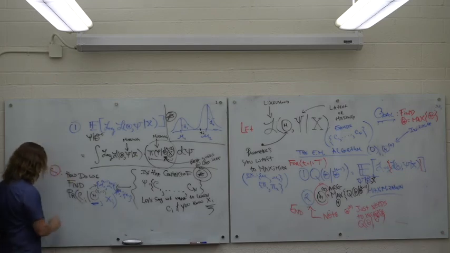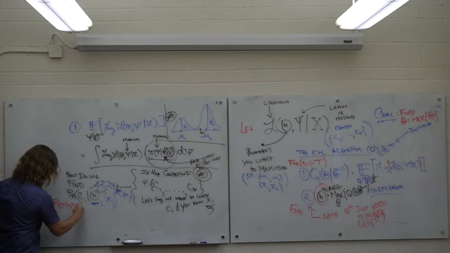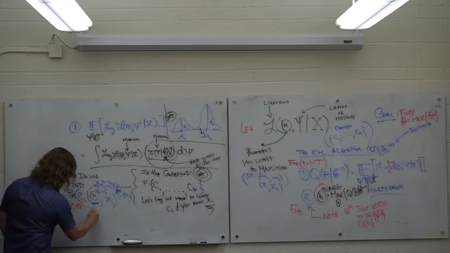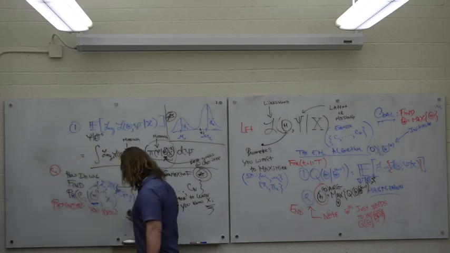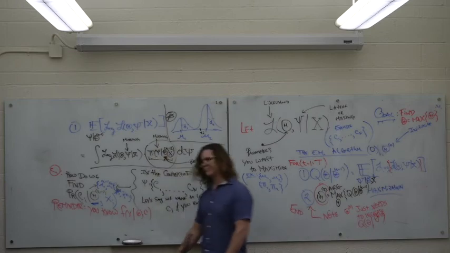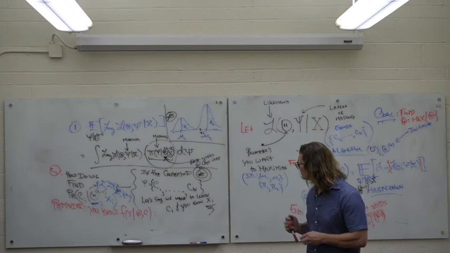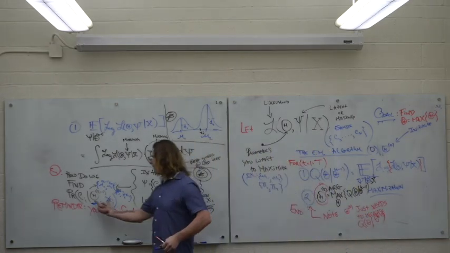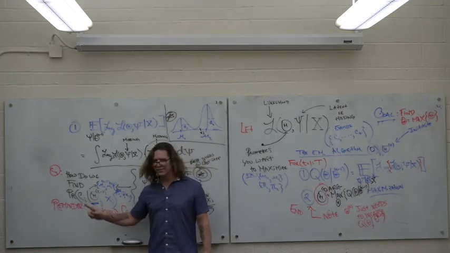And I'm going to remind you, you know f of x given theta and c. You know how you sampled x given c. This is asking you to flip that around and figure out, given x, what do you think c is?